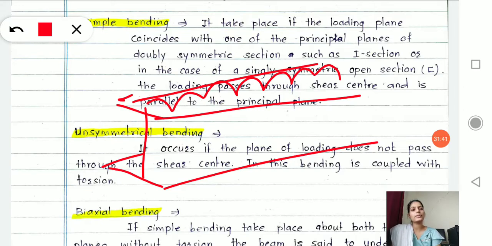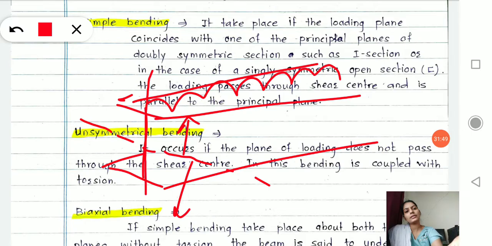What is doubly symmetric? See here, if I take an x axis, this upper part and lower part are symmetrical. Even if I cut this section on the y axis, the left hand side and right hand side are symmetrical. So the loading plane and one of the planes of your doubly symmetric section have to coincide, and only then will simple bending occur.